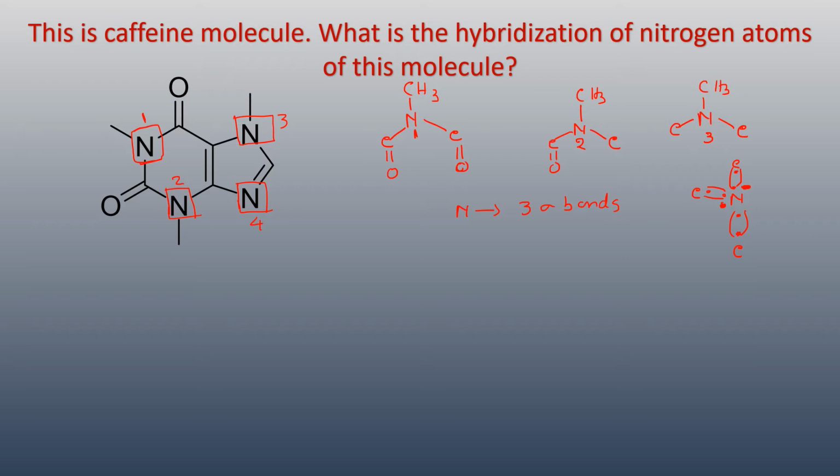So here nitrogen also has one lone pair. So that means now nitrogen has 4 hands, and 4 hands means this nitrogen is sp3 hybridized. So these nitrogens are sp3 hybridized. So let's write down here: sp3 nitrogen, sp3, sp3.